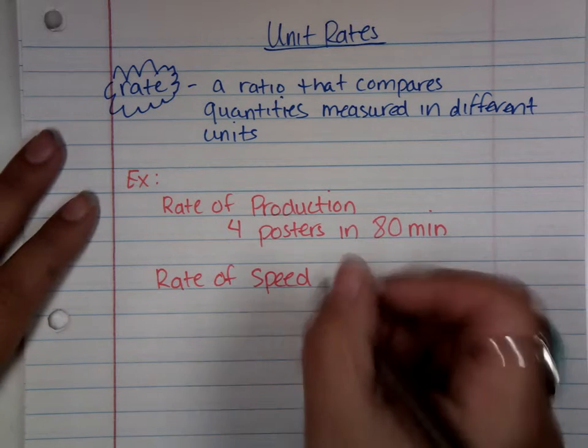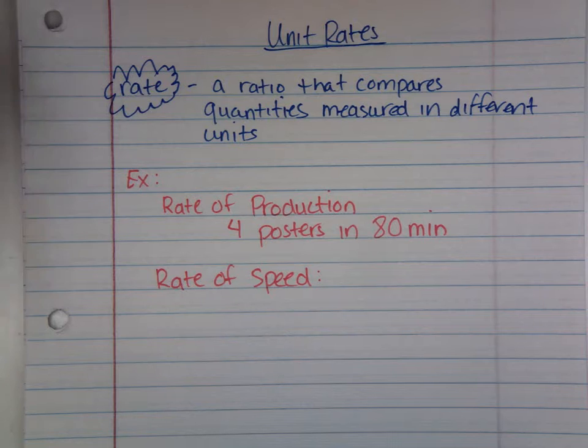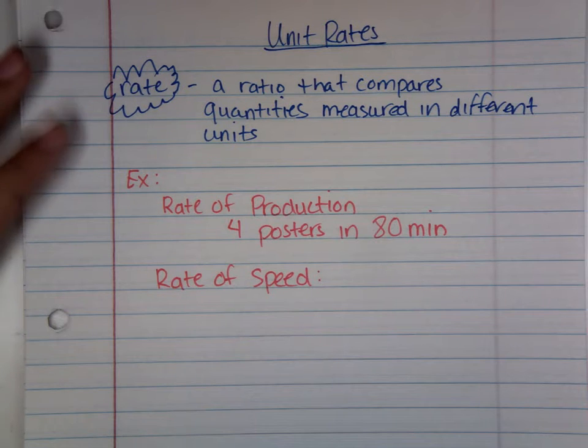Okay, so for example, we could say when I drive to school, I'm going 65 miles per hour. Can you hear that rate in there? What 2 units am I using? Okay, you're right. I'm using miles and then hours because I'm going 65 miles per hour.